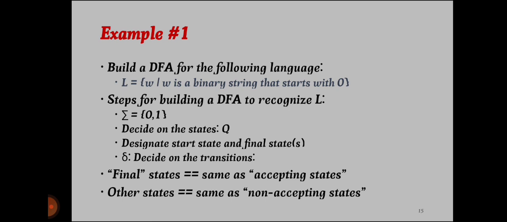Decide on the states Q. Designate the start state and final states F. Decide on the transitions. Final states are the same as accepting states. Other states are the same as non-accepting states. This is about it.